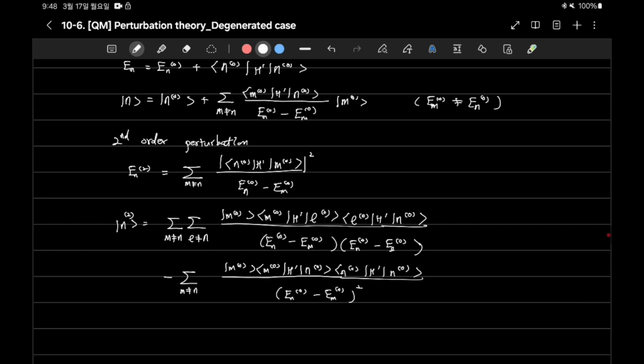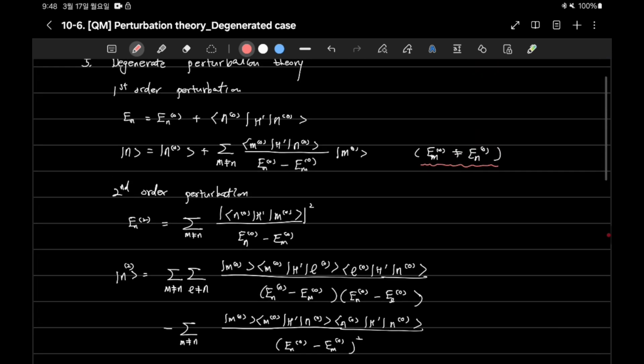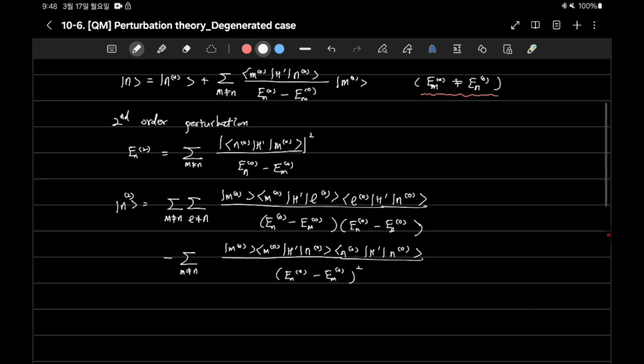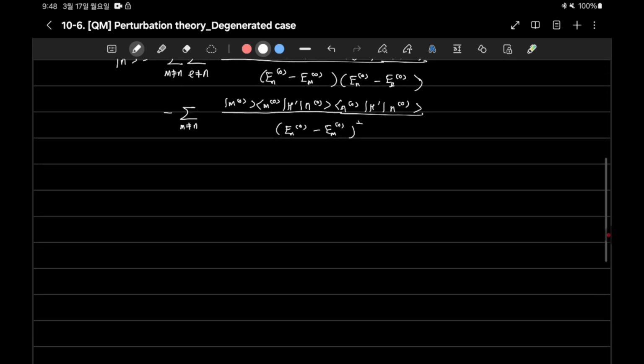Here, it is important that it is the non-degenerate case, and the energy eigenvalues should not be equal to each other for the n state and m state. But the degenerate case is special. What is the case in the degenerate case?